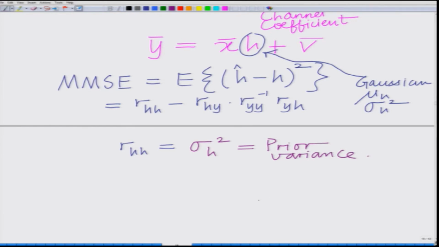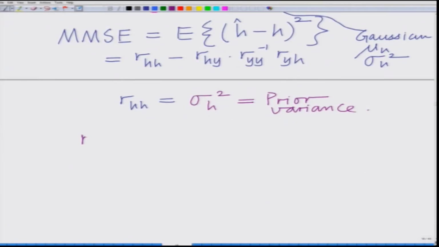We already know RHH, that is the expected value of h minus mu h whole square, equals sigma h square, which is the variance of the Gaussian prior for this fading channel coefficient h. Similarly, we have also derived these quantities, and you can recall them.